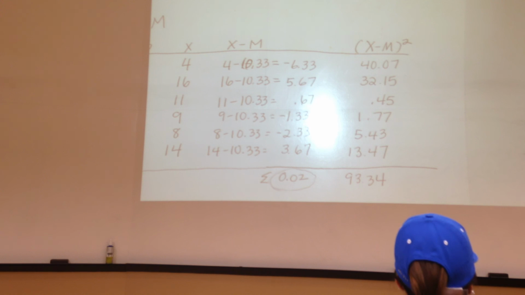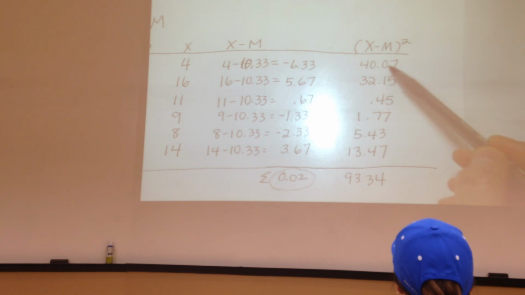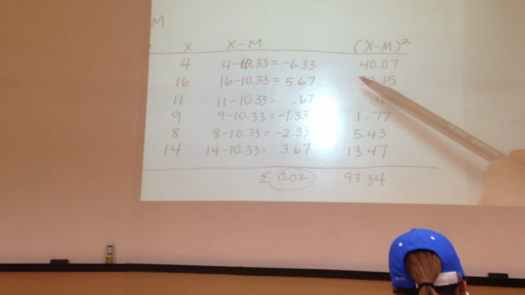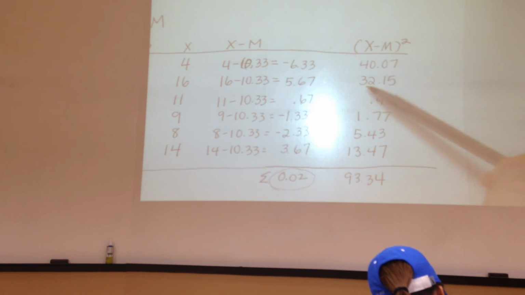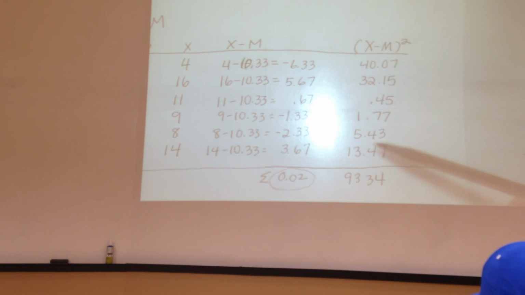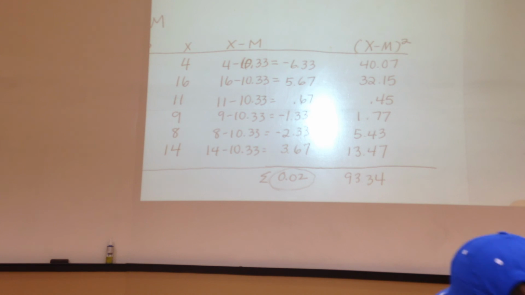I got 33.31. Okay. Did you round at every step just like this? Every single step? So if you go back in and hand type 40.07, 32.15, 0.45, 1.775, 0.43, 13.47, if you hand type each one of those in, what do you get? I think I know where it's off.